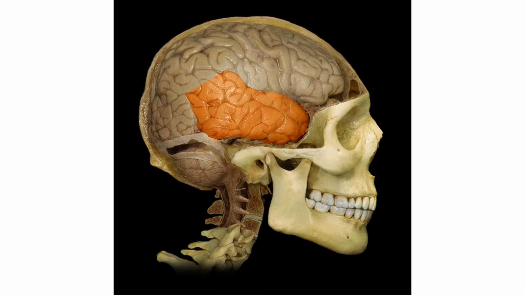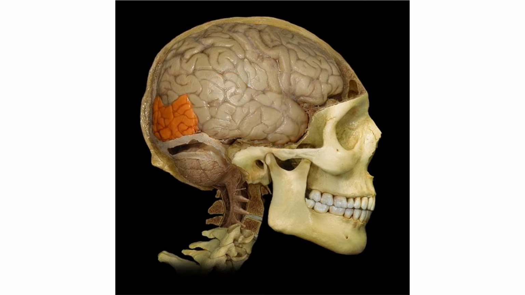Therefore, this lobe is covered by the temporal bone, and this is called the temporal lobe of the brain. Now it's easy to name this lobe because it is covered by the occipital bone, and therefore this is the occipital lobe. It is at the posterior pole of the brain.